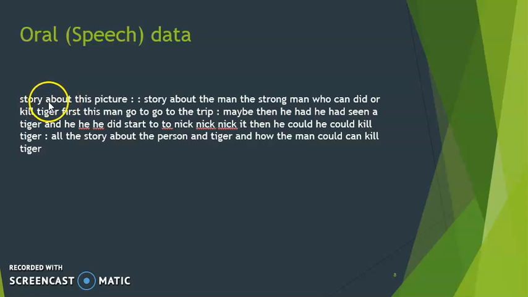The story is about this picture. Of course, the determiner, the article, is missing, but it's possible that that is an AS unit. If there's an indication here that there's a pause after that, or the intonation might also give us some information whether or not we should consider story about this picture as an AS unit.